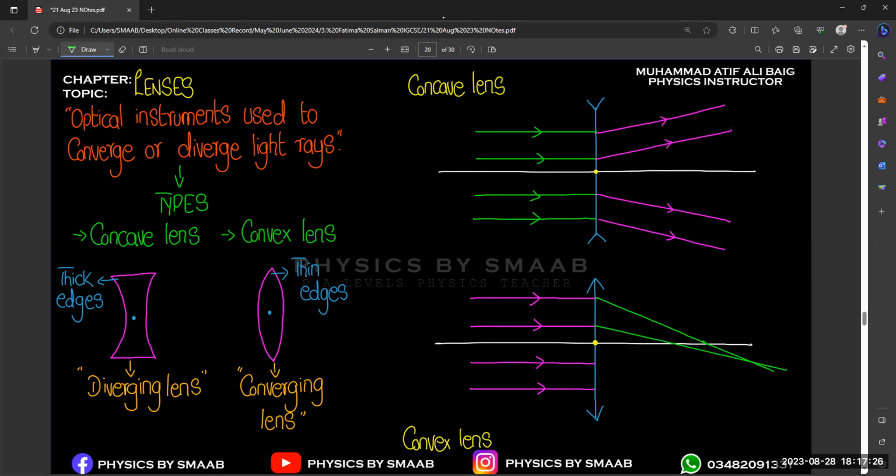They will pass like this, so that they intersect each other. If we draw it more clearly, it will be like passing through a single point, like this.